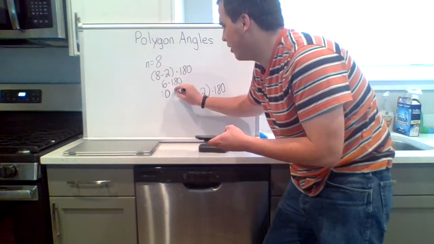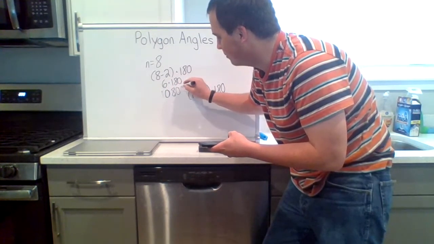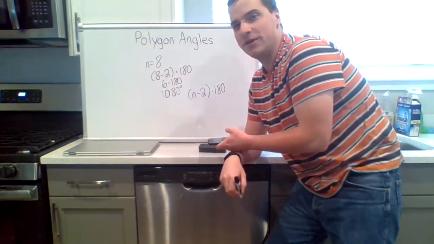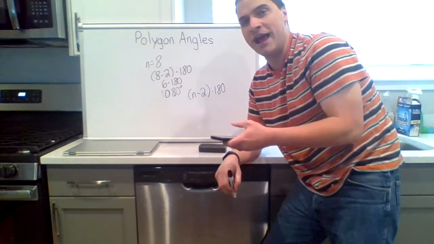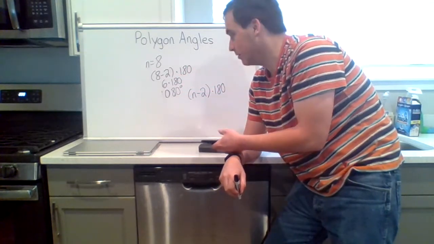I'm pretty sure I taught my third period slightly wrong if I did that. Oh well, 1,080 degrees total. That's how much all the angles have to add up to in an octagon.